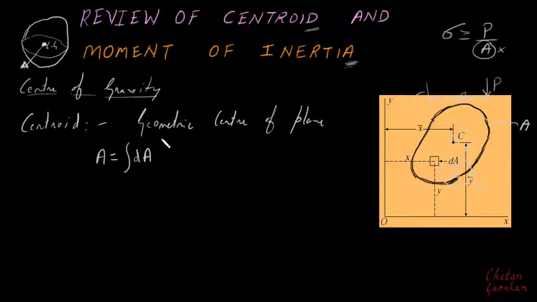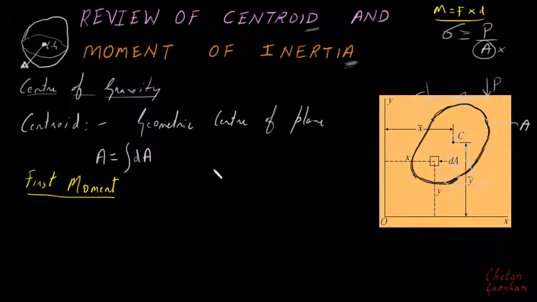Then I can now define a quantity called the first moment. You must be knowing a force moment. What is force moment? Force moment is nothing but force multiplied by perpendicular distance. Similarly, for area, I can define a first moment as this small area multiplied by the perpendicular distance. Let me denote the area moment as q.